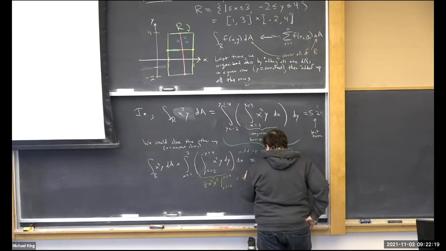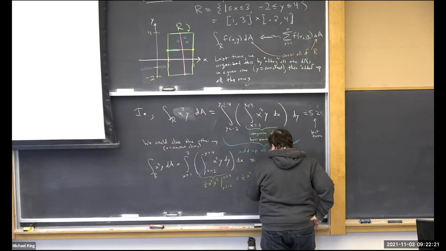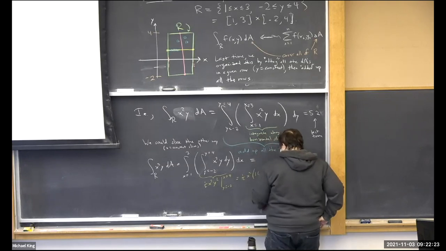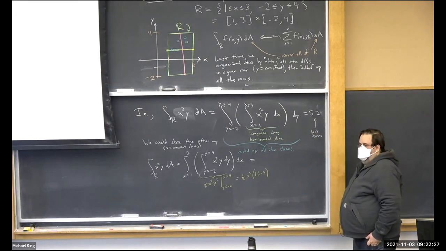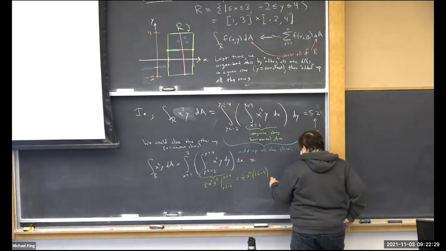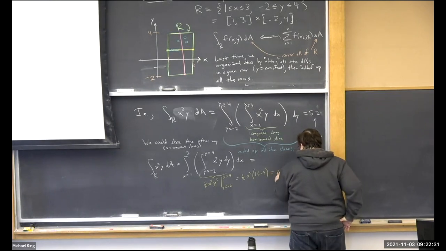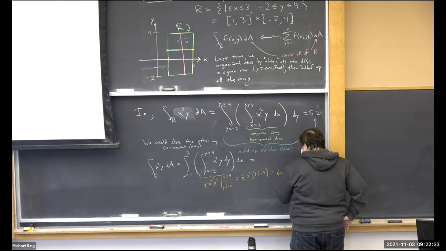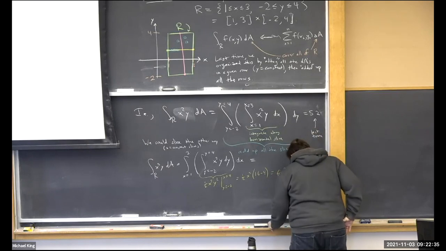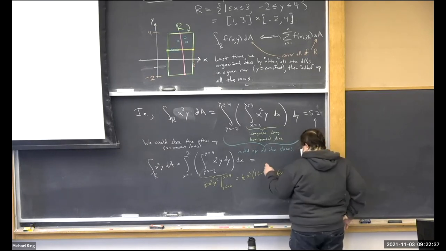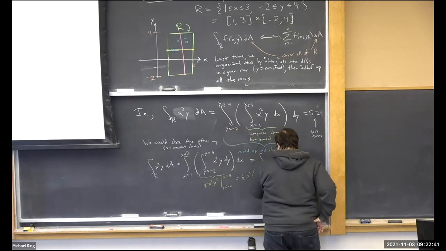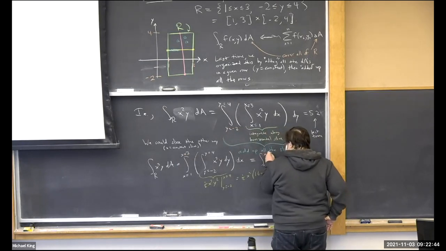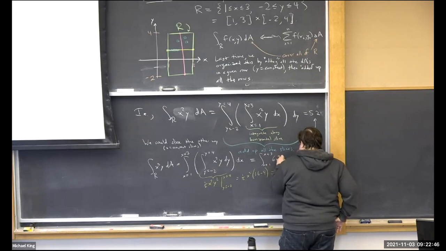So that's 1/2 x squared times 16 minus 4, maybe. 4 squared minus -2 squared, which I think is 6x squared. Wait, did I do math right? 16 minus 4 is 12. Yeah, half of 12 is 6. Okay, so then that just becomes the integral from x equals 1 to x equals 3 of 6x squared dx.